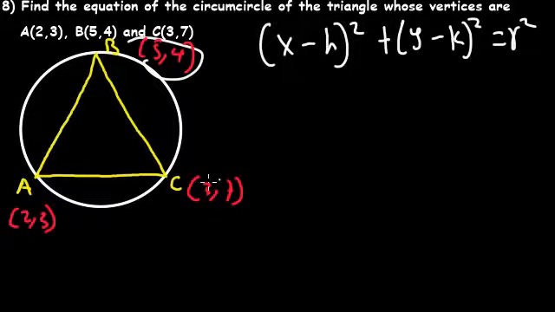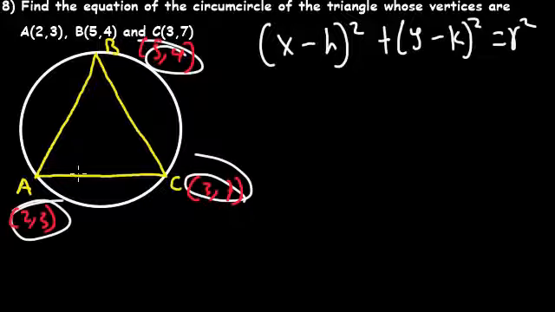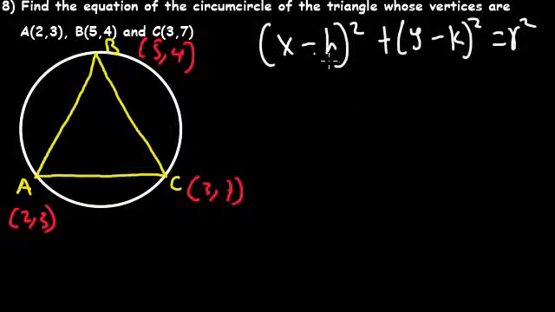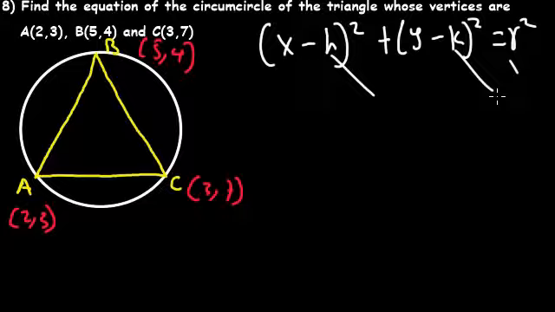But we are given 3 coordinates which the circle passes through, and these correspond to the values of x and y. We can use these 3 coordinates to form 3 equations and solve for the 3 unknowns. That's what you consider doing if you are given 3 coordinates that the circle passes through.